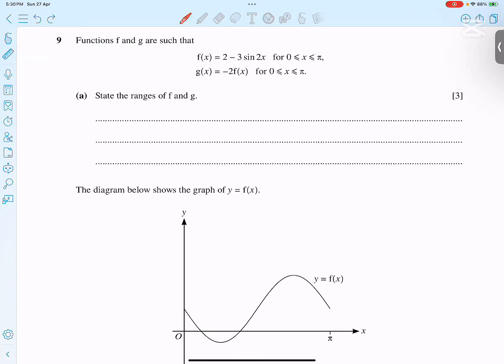What is the best technique to decide a range? For example, how to decide the range of this function: 2 minus 3 sine double x. One time this sine double x is replaced by plus 1 and one time by minus 1.